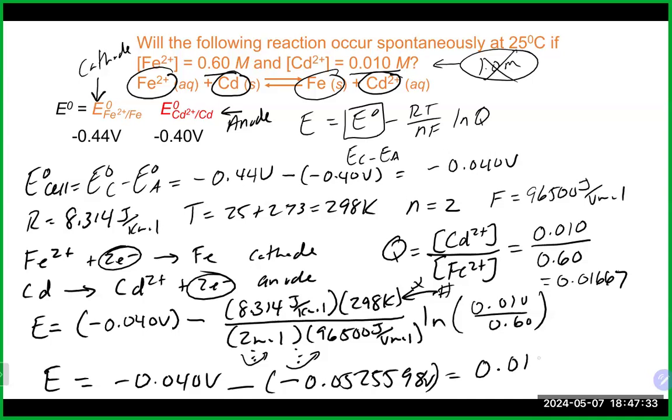We'll call it 0.013 volts in this case. Is this reaction spontaneous with these concentrations? The answer is yeah, barely, but it got some positive voltage. So we went from a negative voltage in standard conditions, and by playing with the concentrations, we were able to get it up a little bit to at least some positive voltage in this particular case.